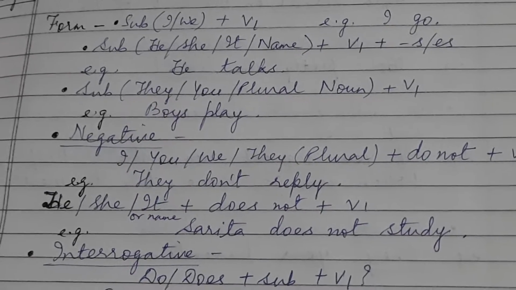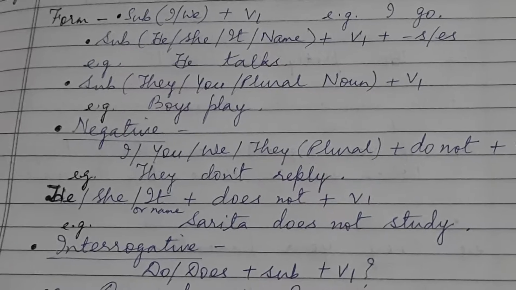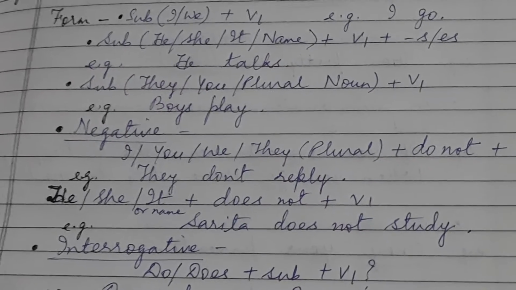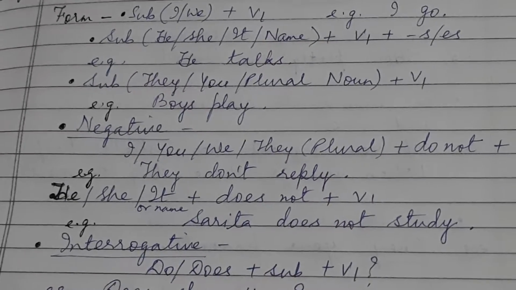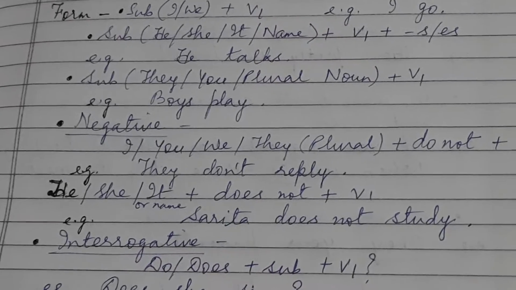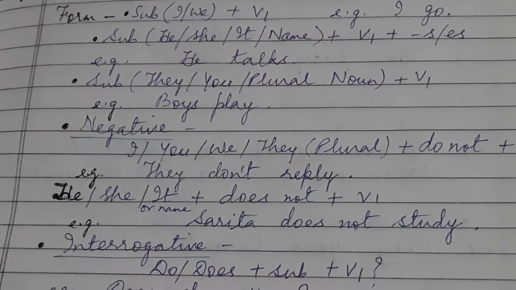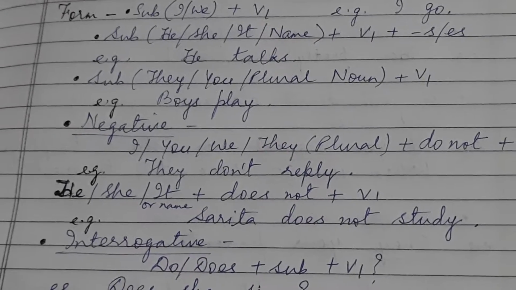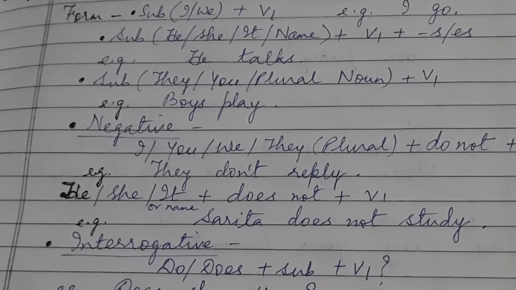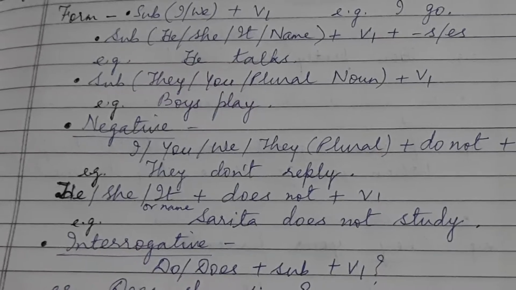Now let's take a few other subjects like the third person. Okay, he is used for masculine gender, she is used for feminine gender, it is used for neutral gender, and anybody's name can also be a subject in a sentence.